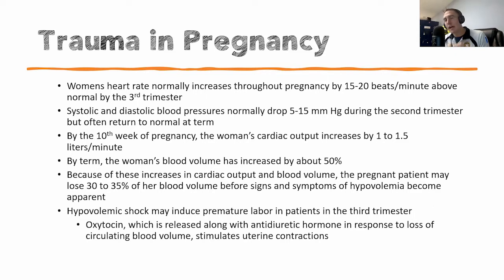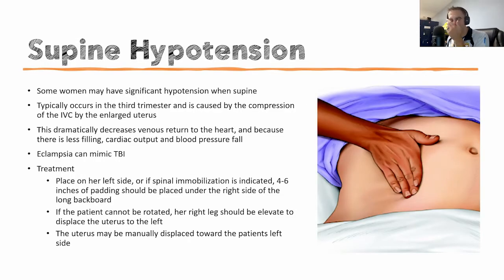Also, hypovolemic shock can induce premature labor because when the pregnant patient loses circulating blood volume, oxytocin and ADH can be released, which stimulates uterine contractions.